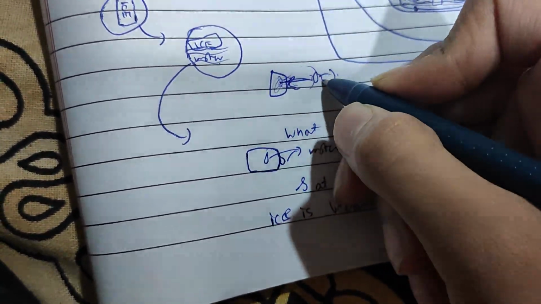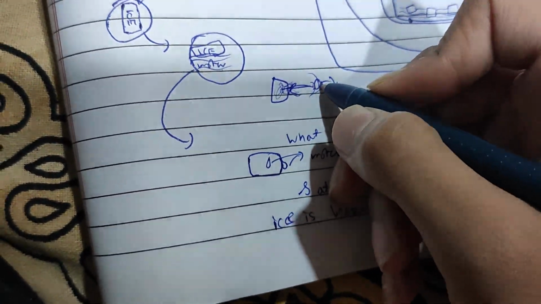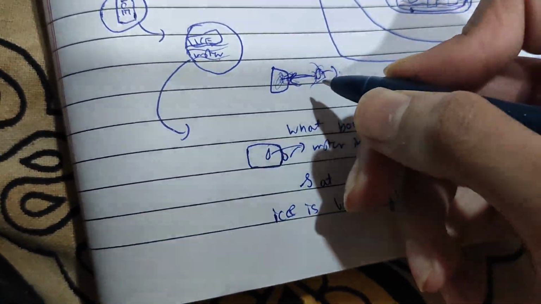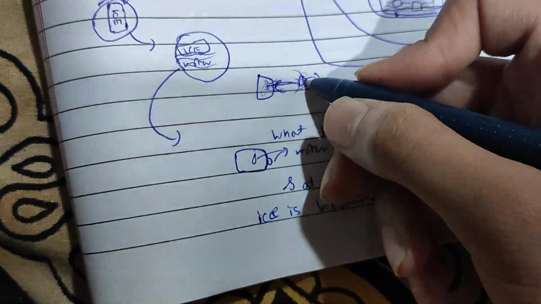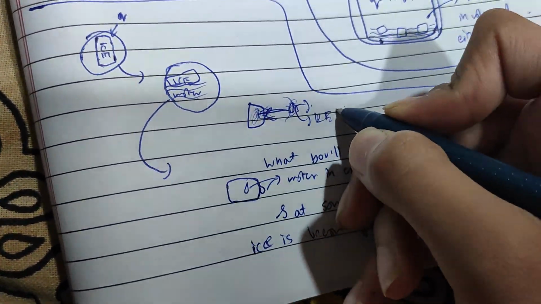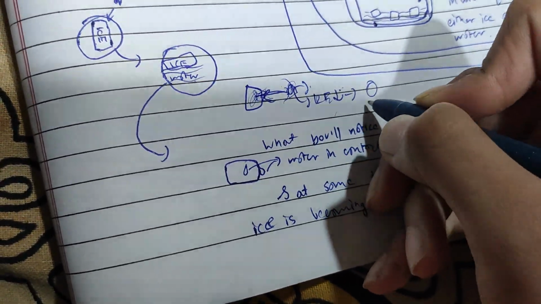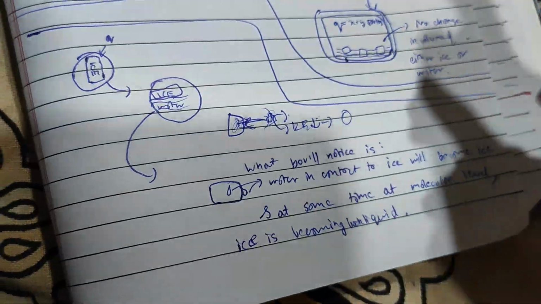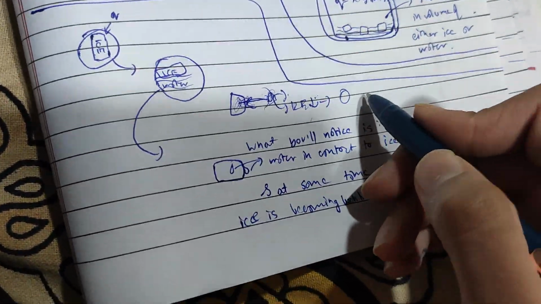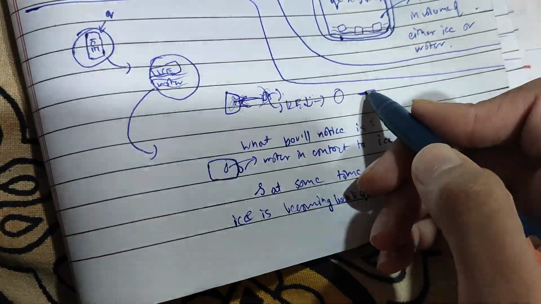This colder ice will absorb its energy, and the water will lose a lot of energy. And what will happen? Its kinetic energy will be reduced too much, its motion will be negligible. It is vibrating like this, and when the energy is lost, it will vibrate like this.